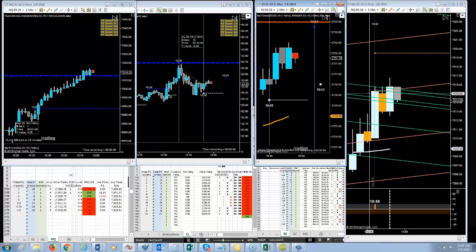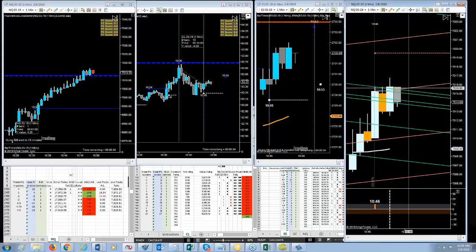NQ is experiencing chop and the end to the bull run at 10:46 as expected, with resistance in this cluster of green lines right here. Ultimately good shorting off of this level right here. This red line right here, guys.